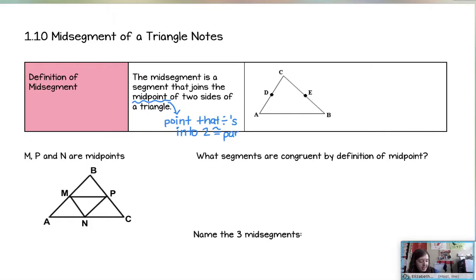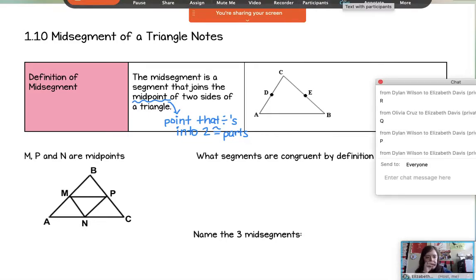So each side is the same. It's a point right in the middle, all right? So D is right in the middle between A and C.